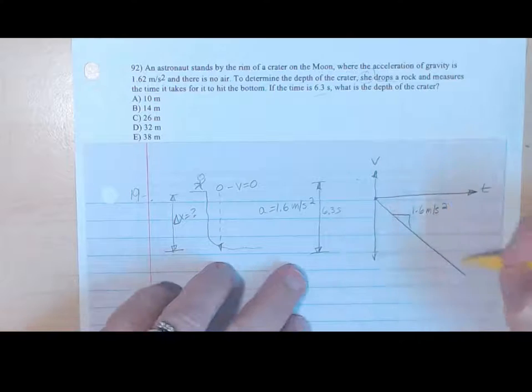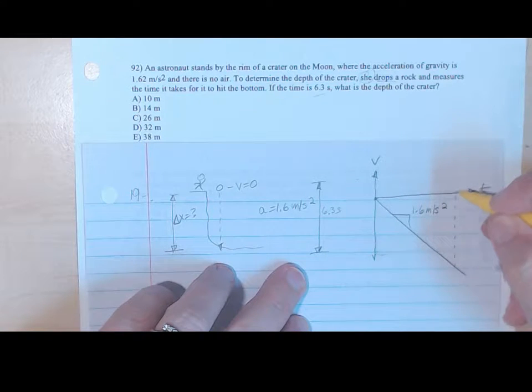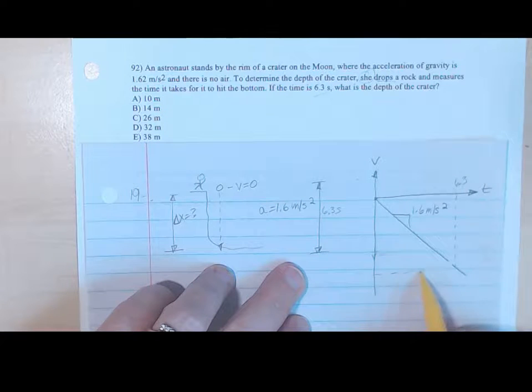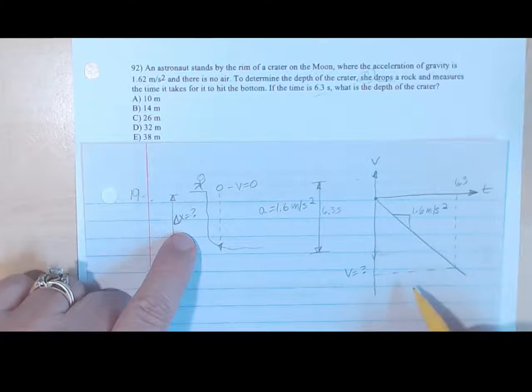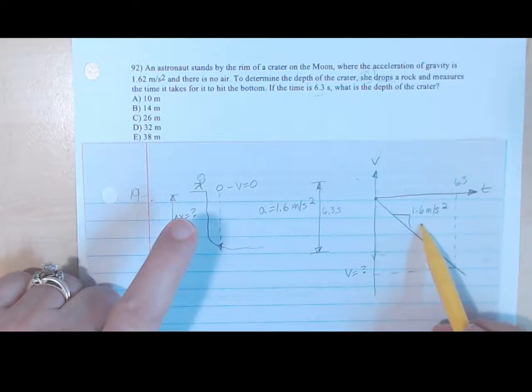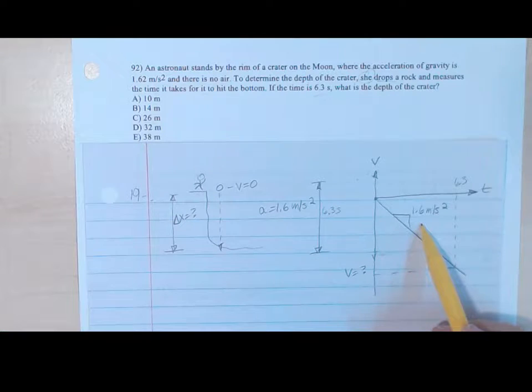I know 6.3 seconds later, I will hit the ground. I don't know what the velocity is, and honestly I don't really care because I'm looking for distance. So, what equation do I know that will relate time, acceleration, and distance?